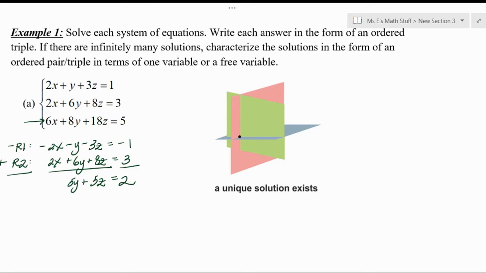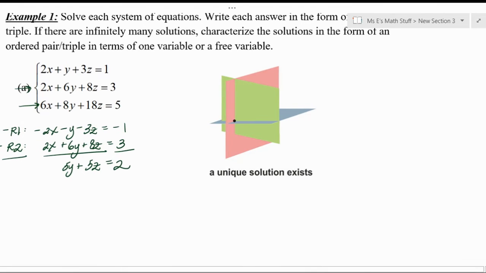For me, thinking ahead about keeping numbers small, I like combining row 2 and row 3. So I'm going to do negative 3 times row 2, and then add it to row 3 as is, just copying row 3.